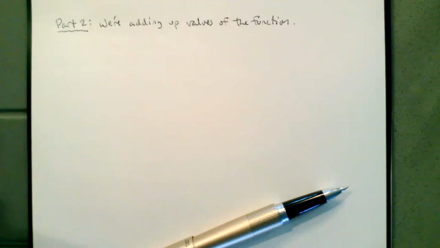This is another big picture thing that we're thinking about. We're adding up values of the function. We're just adding up values of the function. So let's suppose that we have some funky function.